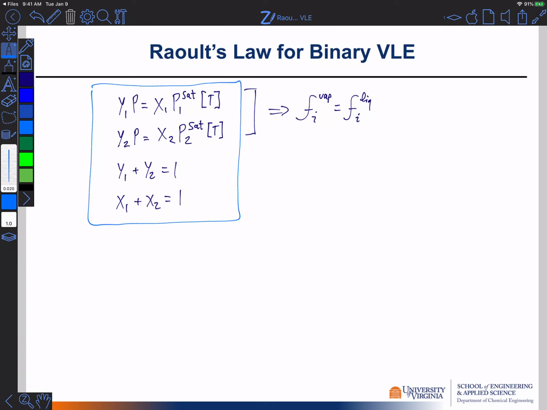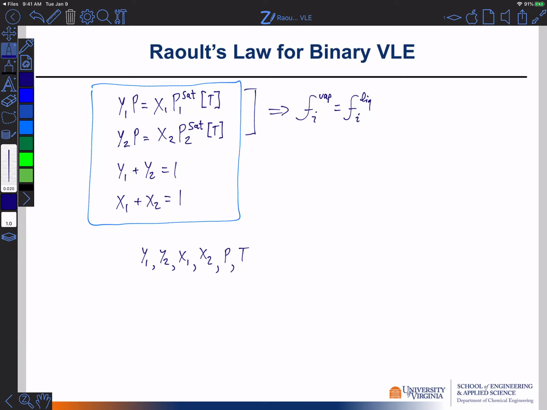So in any case, we end up with our governing equations for vapor-liquid equilibrium for a binary ideal system. Right, we have 4 equations. And if we add things up here, we find that we have 6 unknowns, or 6 variables, right? So we have y1, y2, x1, x2, and pressure and temperature. Now, we need some information about the saturation vapor pressure, but if we know the temperature, and we have that information, either the Antoine equation or some other tabulated value of the vapor pressure, then we could figure that out for each of the components.